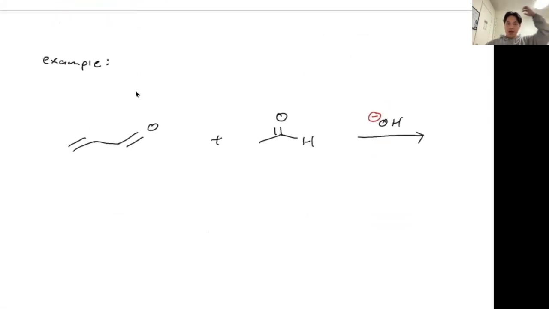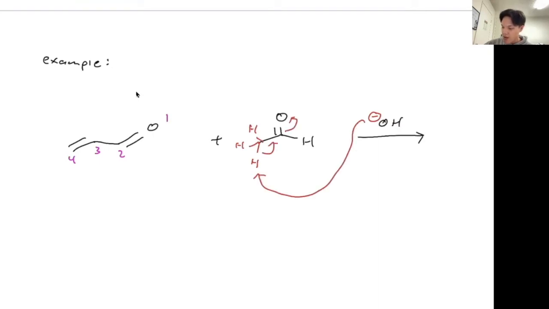We have this. We have our 2 alkenes here, right? 1, 2, 3, 4. And if you number it from the oxygen, we have 1, 2, 3, 4, right? And we have our carbonyl with acidic hydrogens. You've seen this before. That happens, forming an enolate, right?